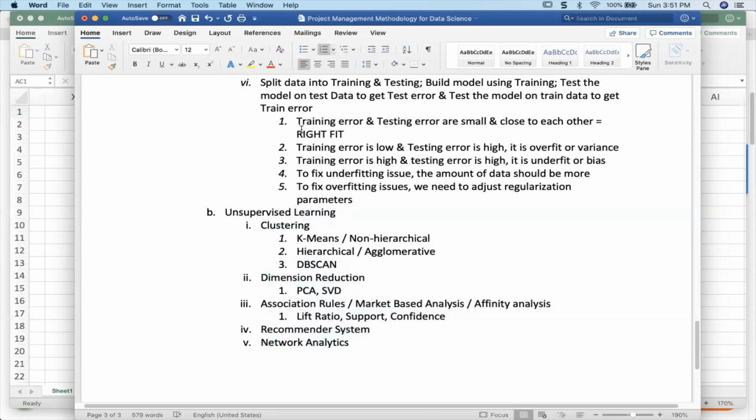Then you have forecasting or time series. In forecasting or time series, you have two things: model-based approaches and data-driven approaches.